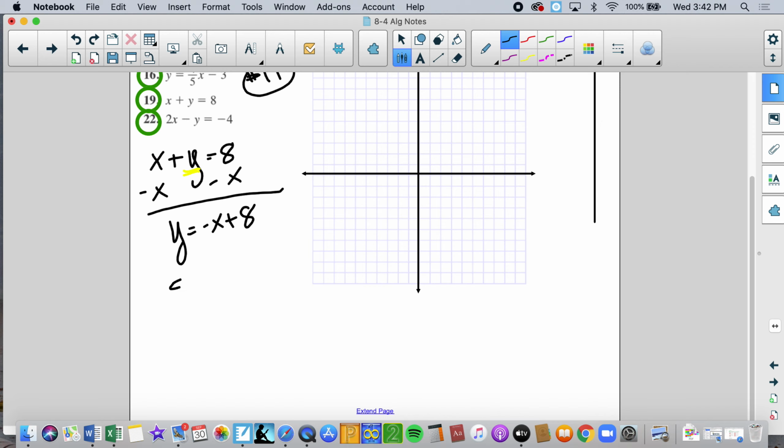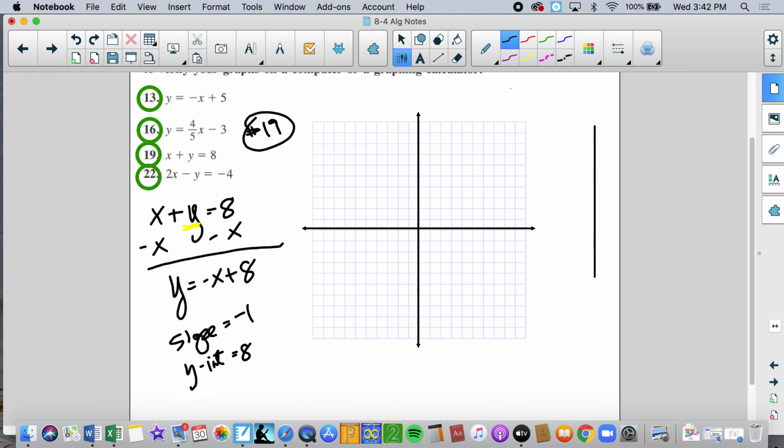All right, what is my slope? My slope is -1, and my y-intercept is 8. So I'm going to graph my y-intercept, which is 8, and then my slope, which is -1 over 1. -1 as a fraction is -1 over 1. That means down 1, right 1, down 1, right 1.